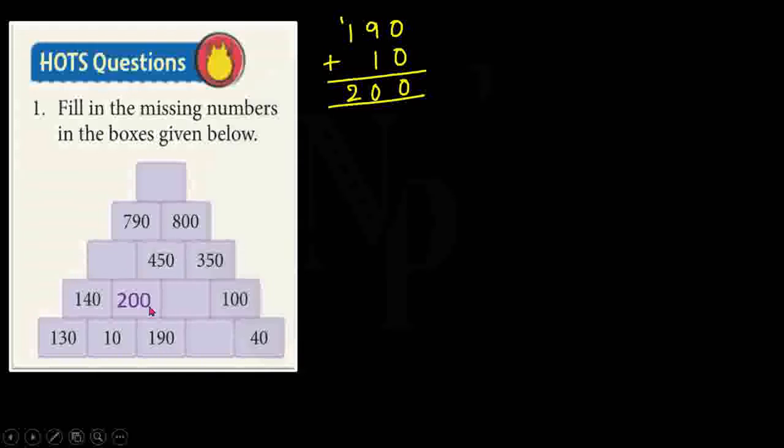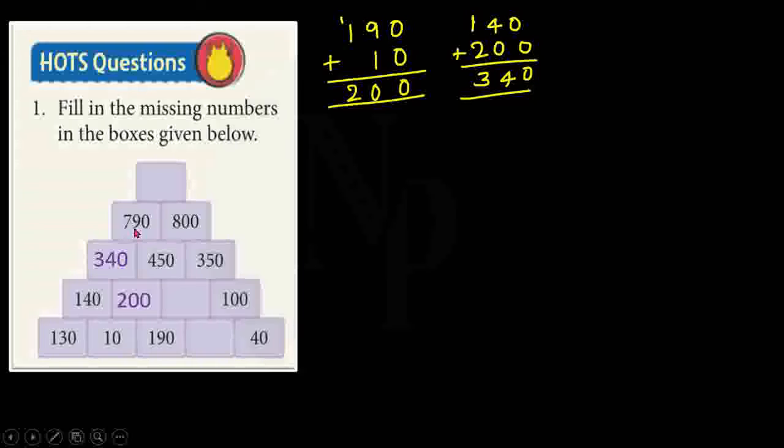What do you get? On adding 140 and 200, you will get 340. So you should write 340 in this box. Again, you see here 340 plus 450 will be 790.